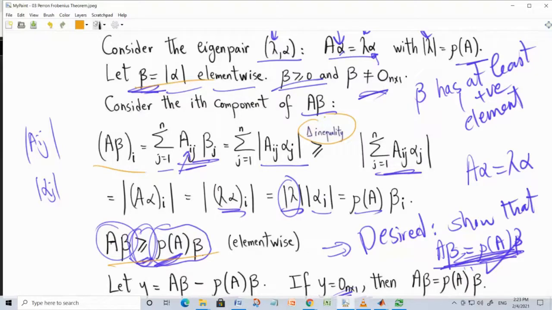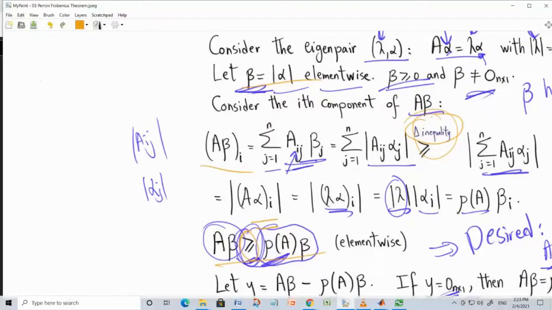But then we did a proof by contradiction to show that this inequality is actually satisfied with equality. So it means that this triangle inequality is satisfied with equality. And so what is the condition?